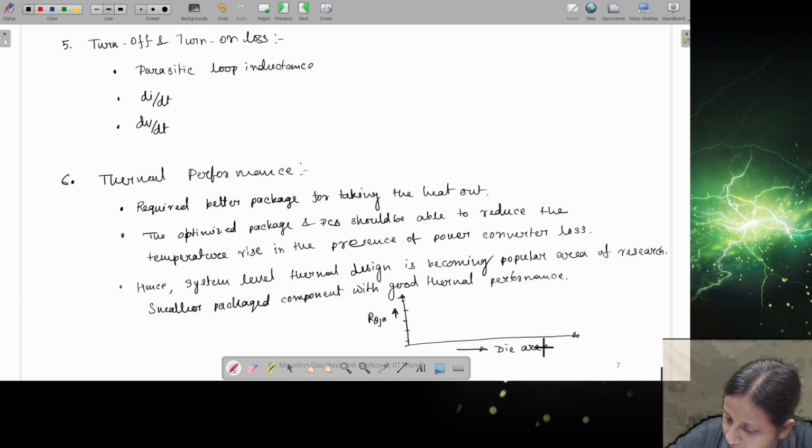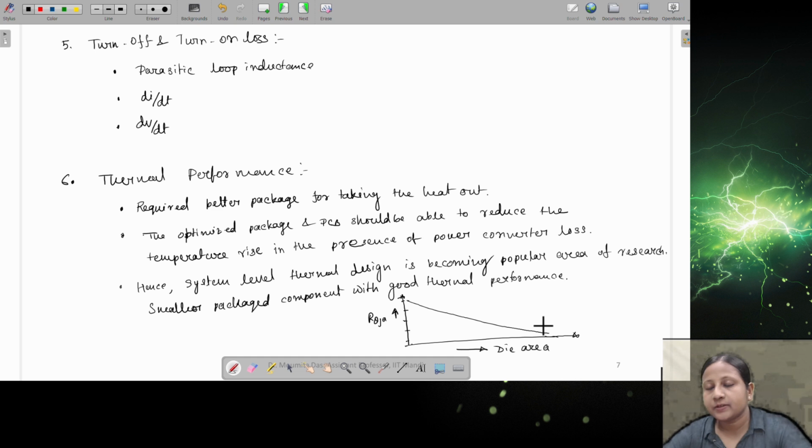As the thermal resistance is more, the die area is basically less. It will not go to 0, because then the system will not be practical. So it has characteristics something like this.